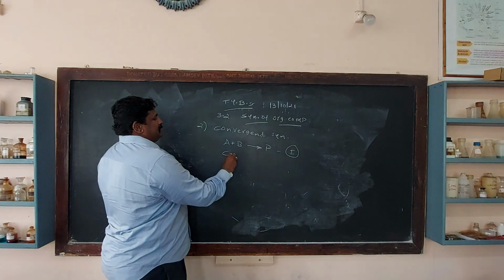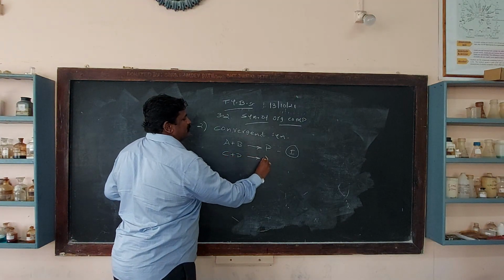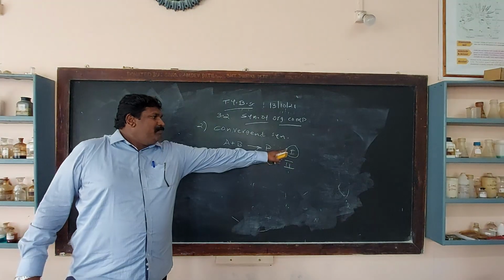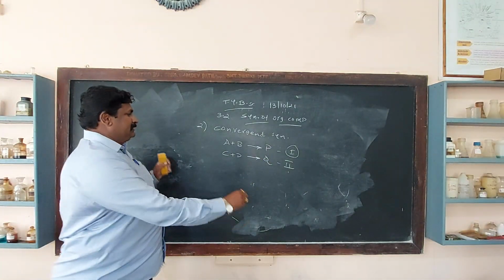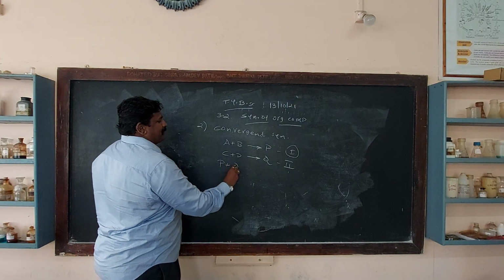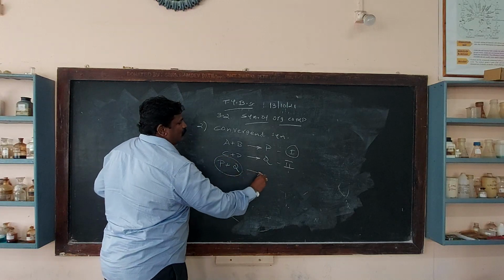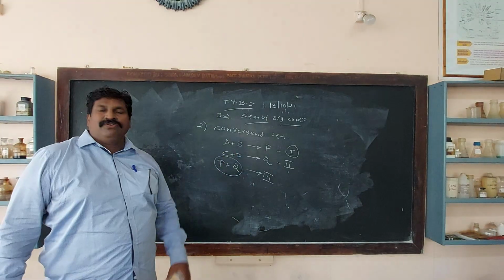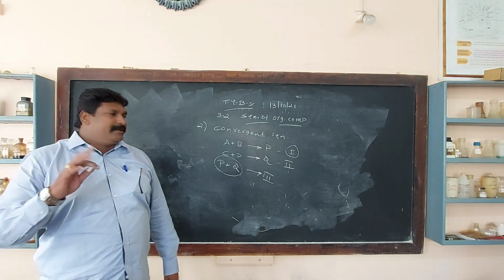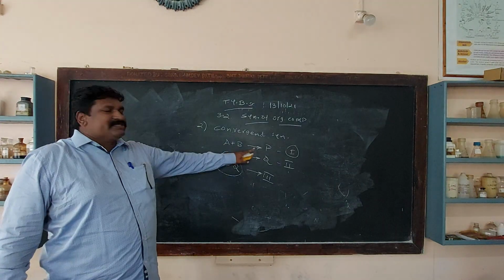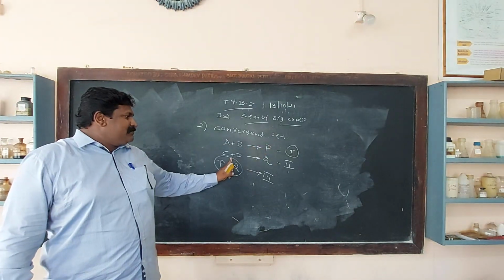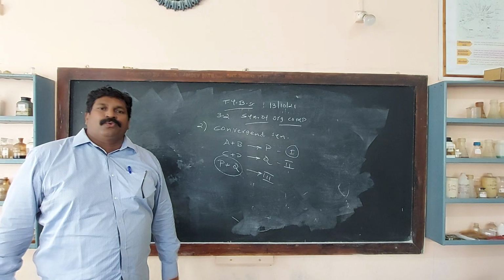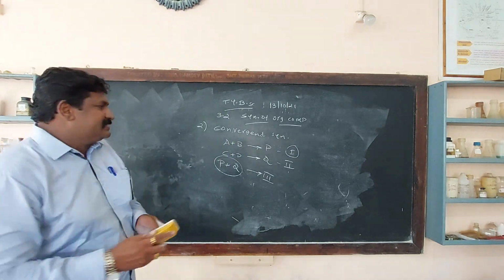Secondly, C plus D gives Q product, step number 2, and then combination of P and Q, that is step number 1 and step number 2, finally gives the final product, an example of convergent synthesis. Okay, I repeat. Step number 1, A plus B gives P product. Secondly, C plus D, Q product, step number 2. And then combination of step number 1 and 2, example of convergent synthesis.